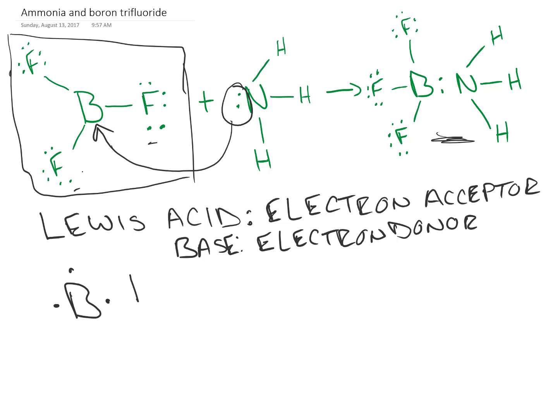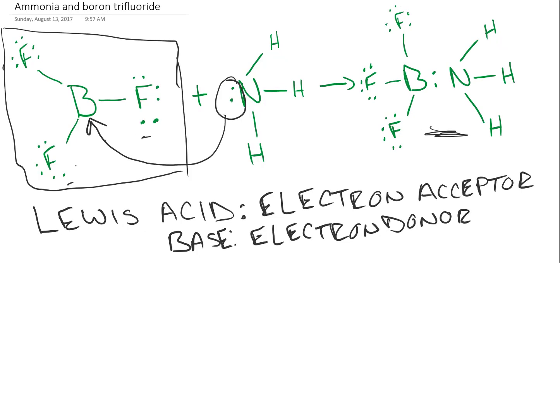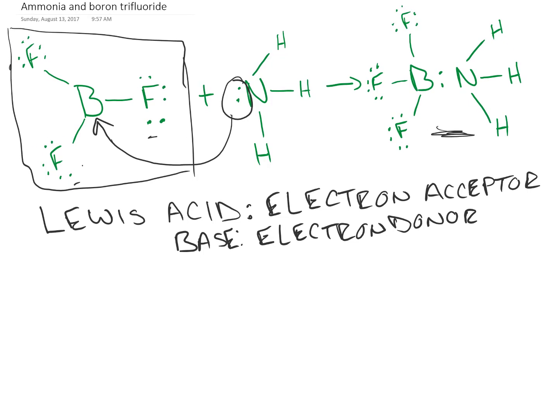In this case, it's pairing with a fluorine electron here and here. So it is stable. It is not a charged species, but it does have room to accept those couple of electrons that the ammonia has to give. So it is indeed the acid, and this is the base.